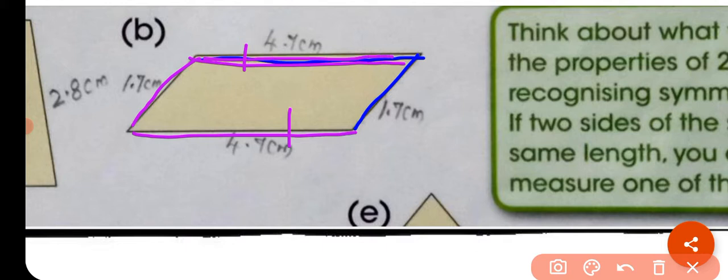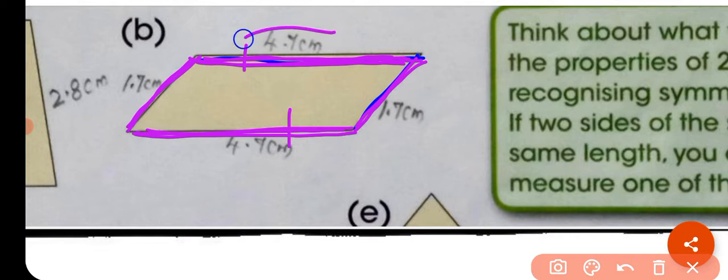These two sides are equal. So if we measure this side, we will get this also, 4.7. Similarly, these two sides are also equal. So this is 1.7 centimeter. So this side also 1.7 centimeter. Okay. So children, here we are measuring. First we are measuring this side using scale.